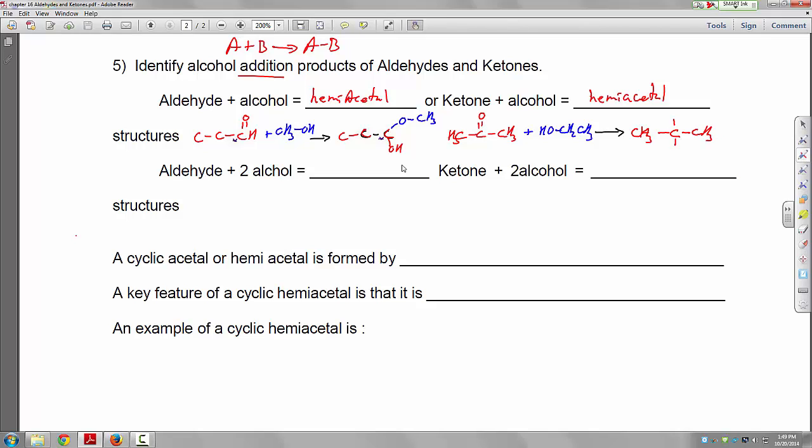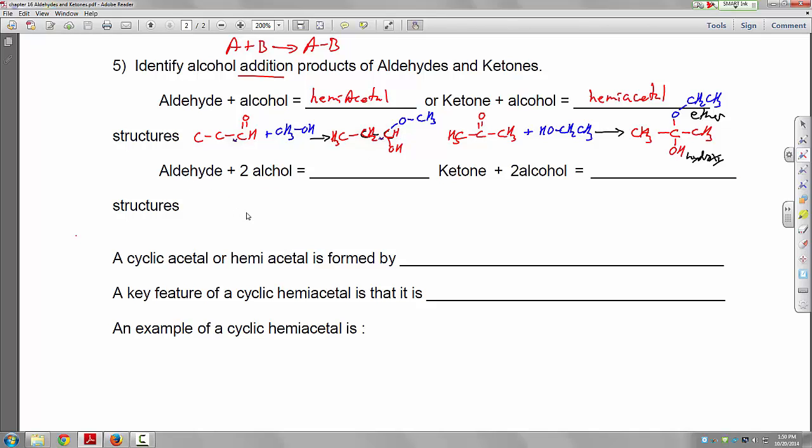So remember, this carbon in the middle gets the OH group, the hydroxy group, and then the alcohol is added through an ether linkage. So here we have the ether, and here we have the hydroxy attached to the same carbon. I should maybe fill in hydrogens here. The only difference between these two hemiacetals is that the one derived from an aldehyde has a hydrogen, since it's at the end of a chain.